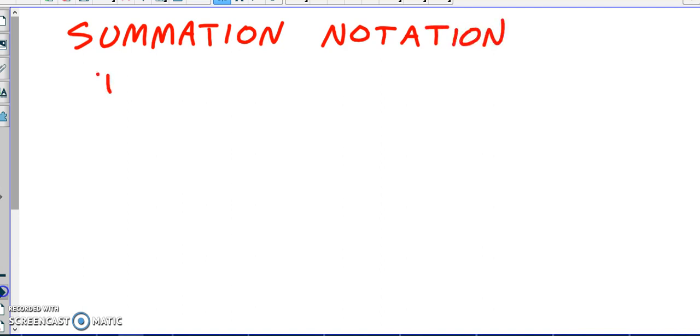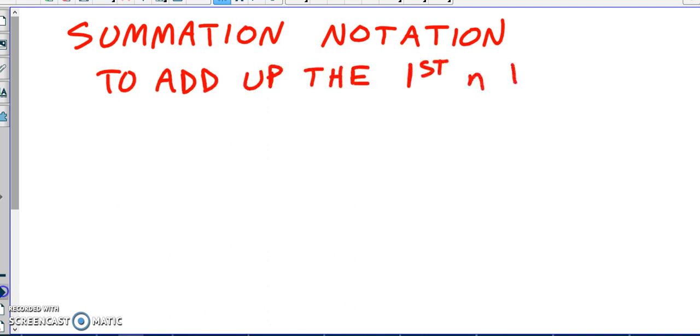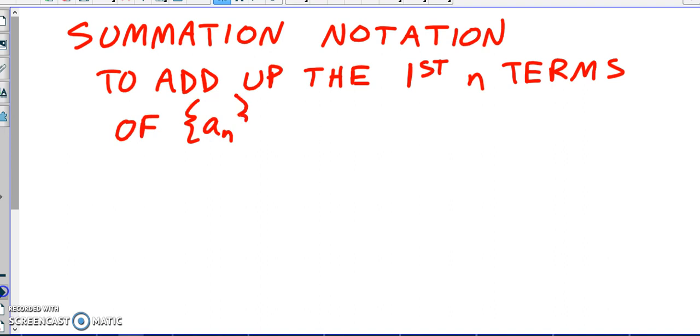So, to add up the first n terms of a sequence a_n, we use the following notation.